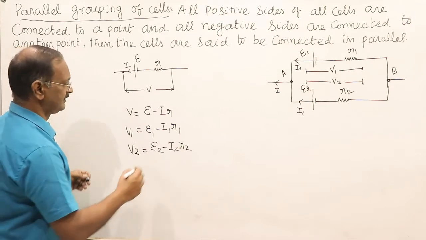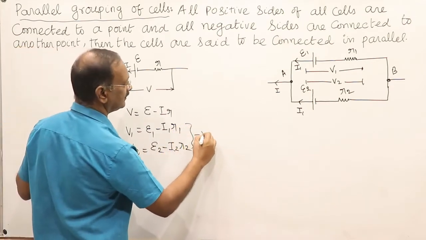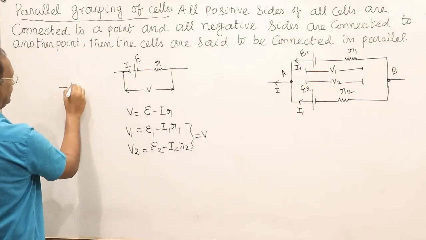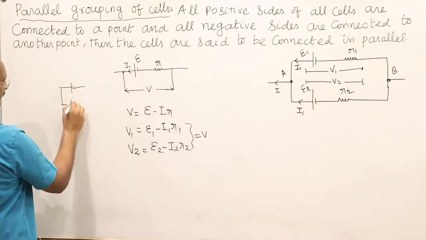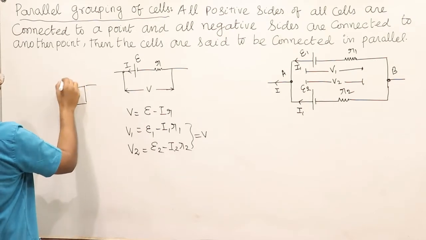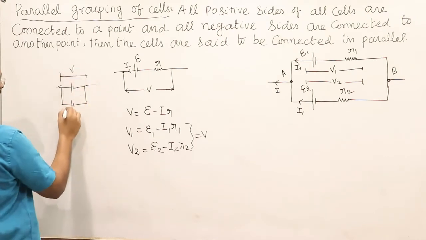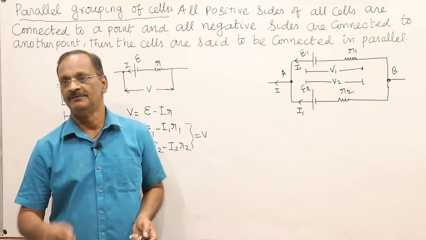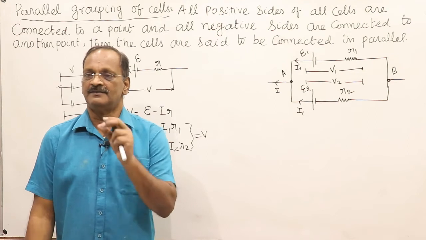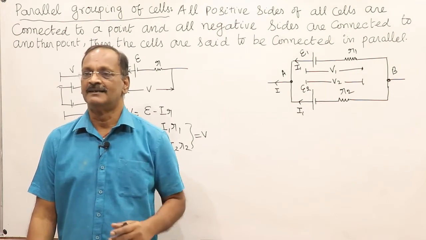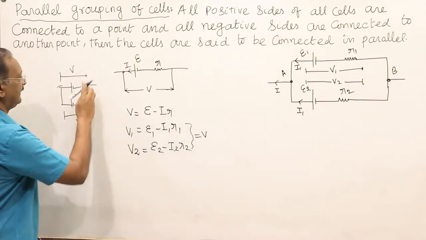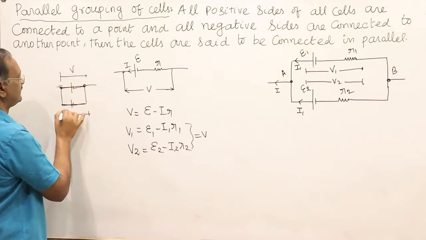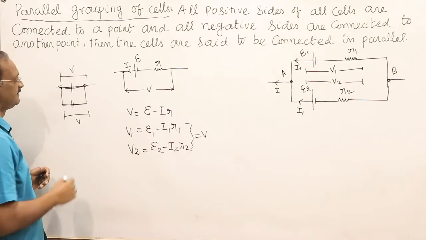So this is V, since both will be equal to V. Why? Because the two cells are connected in parallel. It means the potential difference across this and across this will be the same. Already we have seen the potential difference of two batteries connected in parallel across this terminal will be the same.